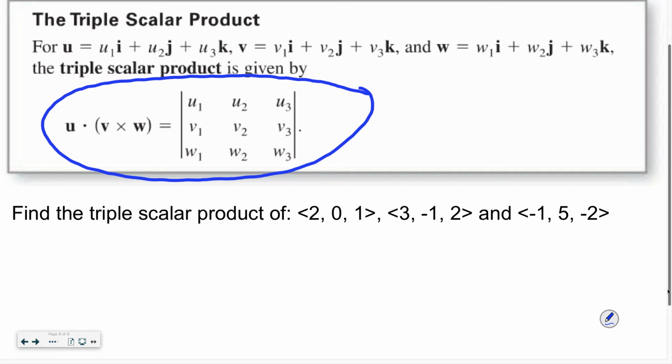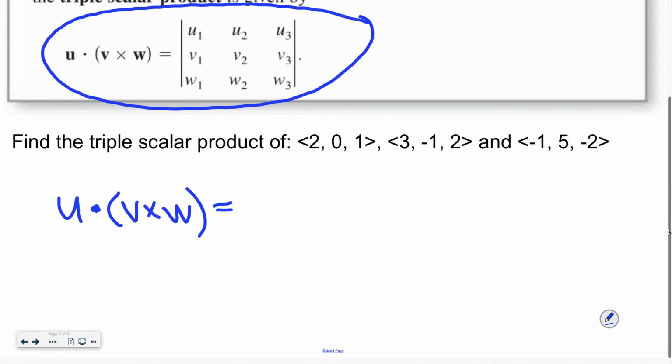It's our last example. So our triple scalar product.